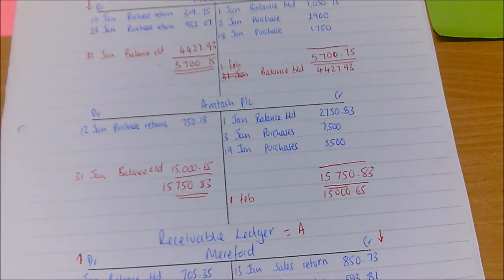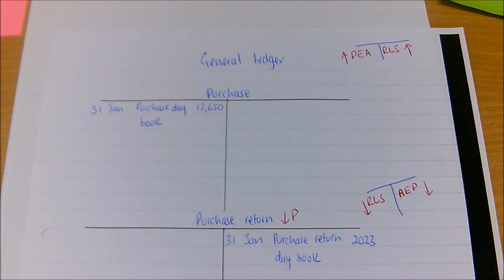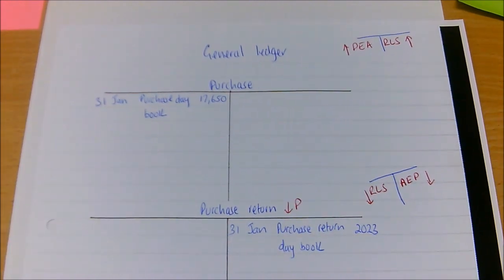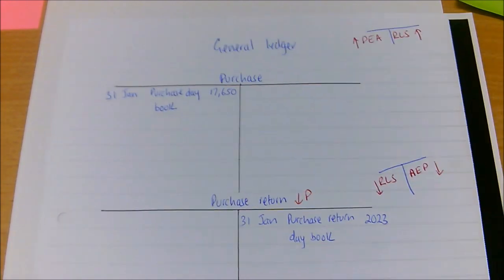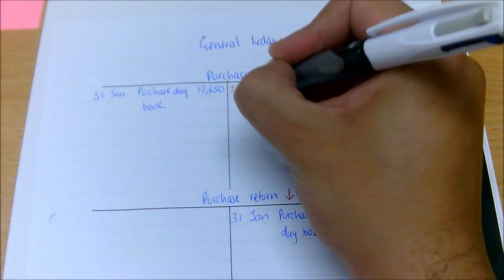Now in terms of transferring the amounts to the income statement, you need to go back to the T accounts that you did in your general ledger. Here, for example, you have a purchase day book. The purchase day book would then be transferred on the 31st of Jan.